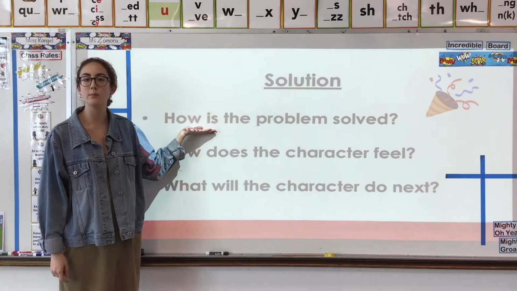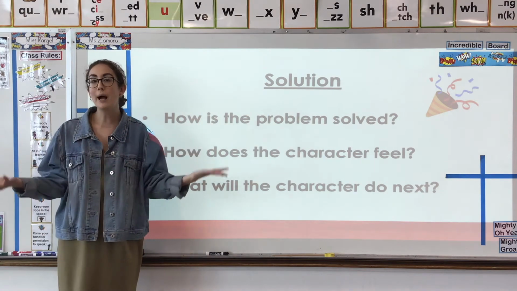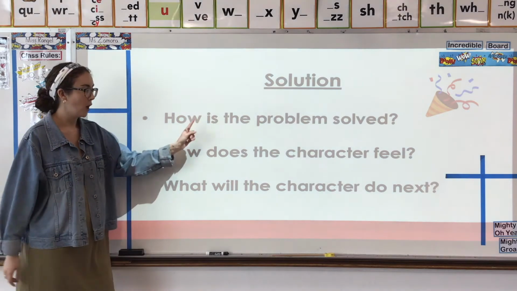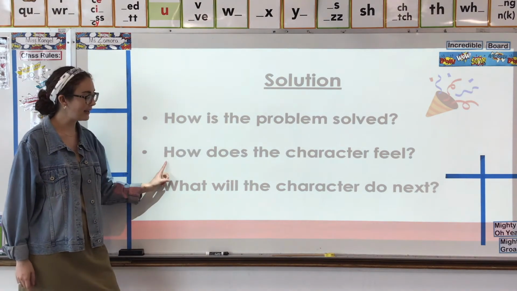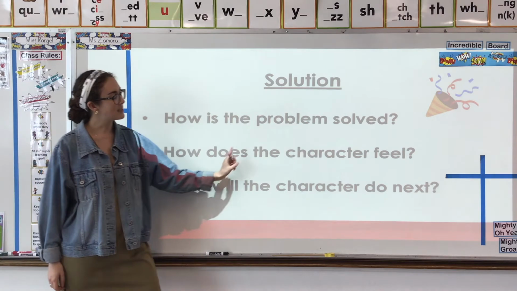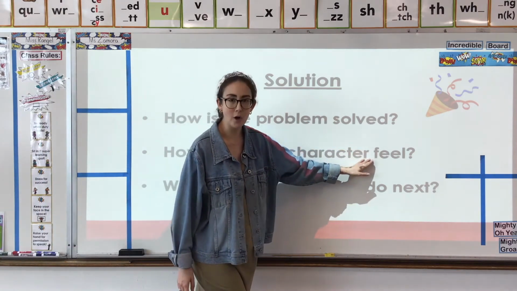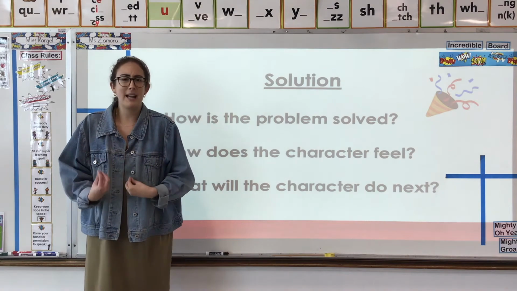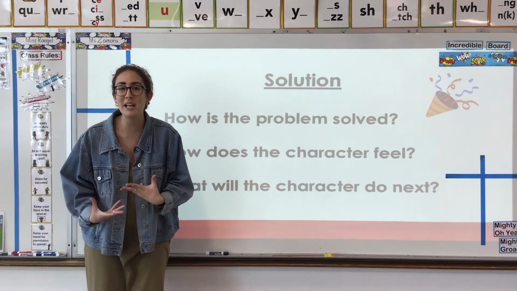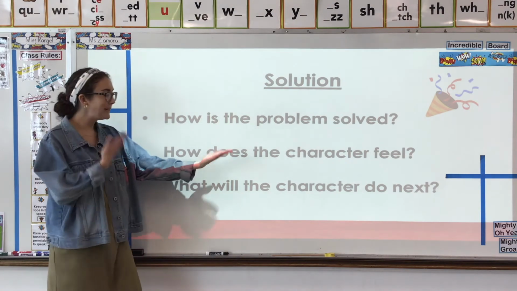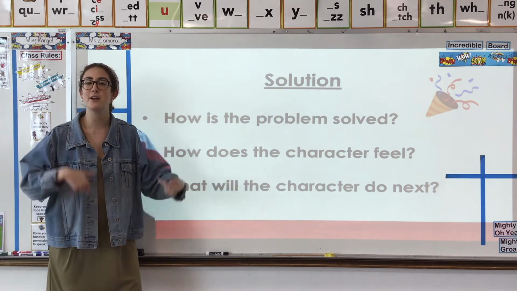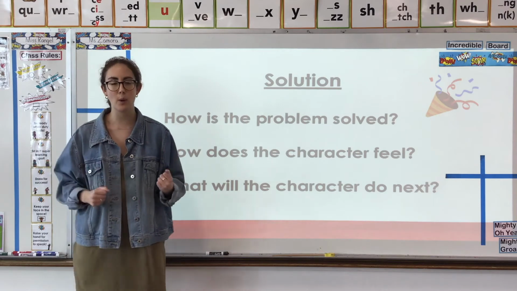So what did your character do to solve the problem? We'll find that, as well as how does the character feel? Before or during the problem, your character might have felt scared or disappointed or nervous. But now that the problem got solved, how does the character feel now, at this point in the story?